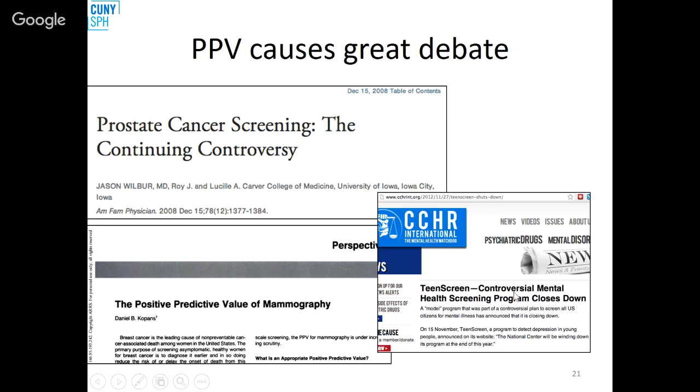Not good positive predictive value, and it was eventually shut down because it was identifying a lot of kids who were just fine as having problems that they didn't, leading their parents or administrators to think so.